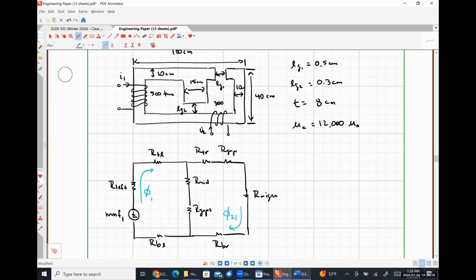I think that's the subscript notation. Doesn't particularly matter here, but it's generated by coil 1 passing through coil 2. Okay.